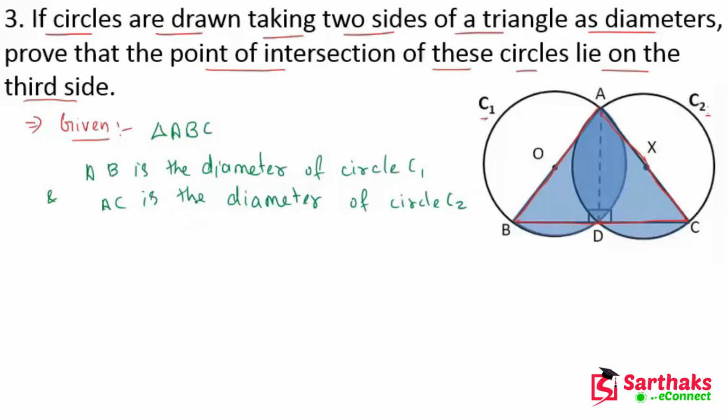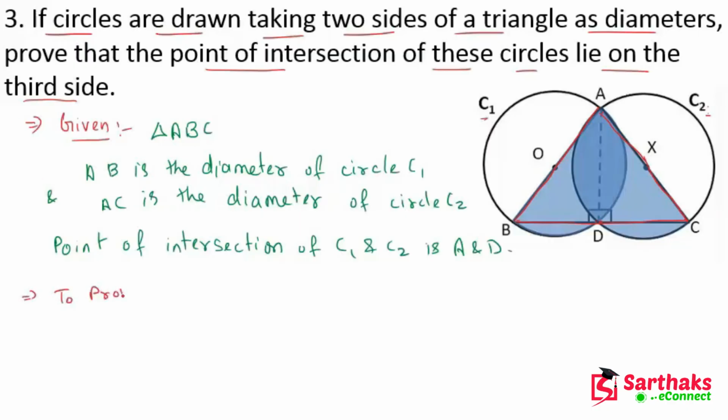The point of intersection of C1 and C2 is A and D.